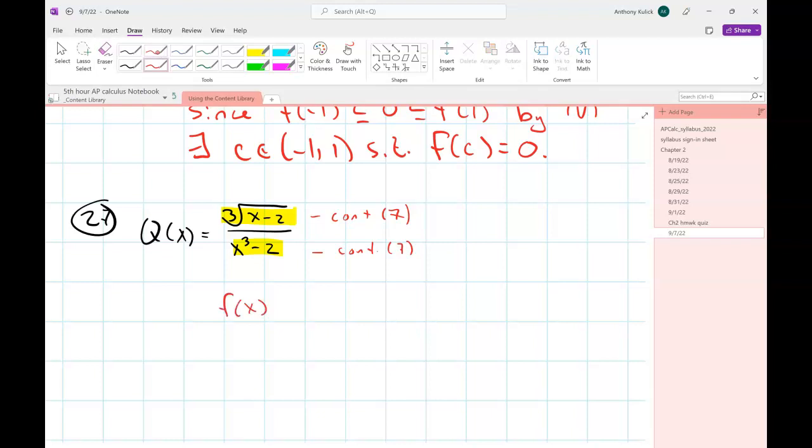So we have f of x, that, and then my other continuous function is... what do I need to do here?